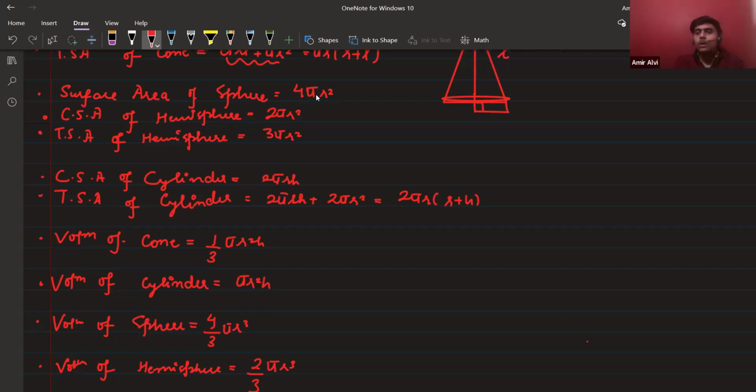Kiran said no. What about Jasleen and Samina? Total surface area is the complete area of the figure. The curved surface area is only the curved part of the figure. But I'm asking, is there any difference between the curved surface area and total surface area of a sphere? No, sir.